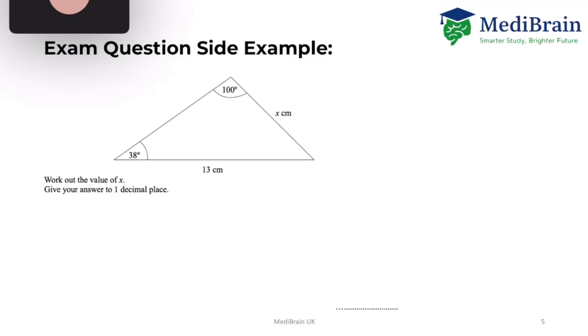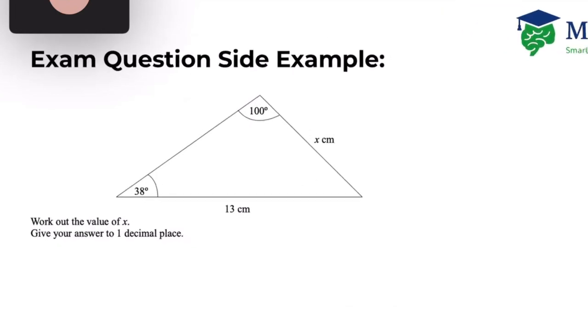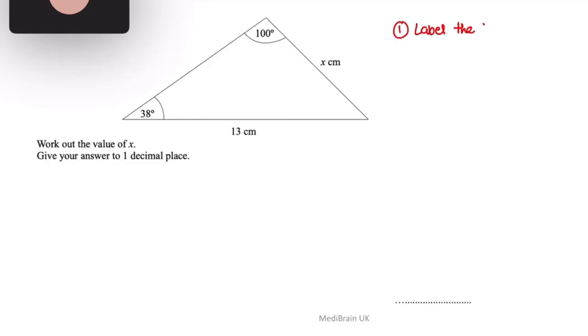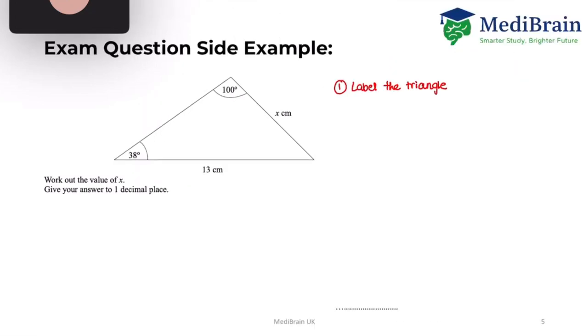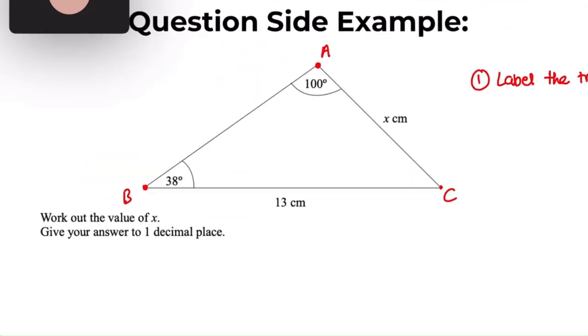So this is a question that I'm going to go through with you step by step. Step 1, when we're given a question like this, is to label the triangle. So over here, again, how do we label the triangle? We label it with capital letters and lowercase letters. I'm going to label this as capital A, this as capital B, and this as capital C. So I've just labeled the corners.